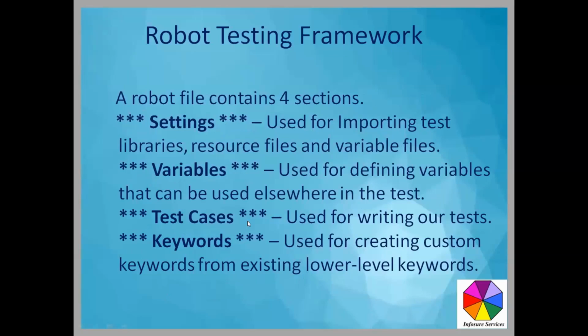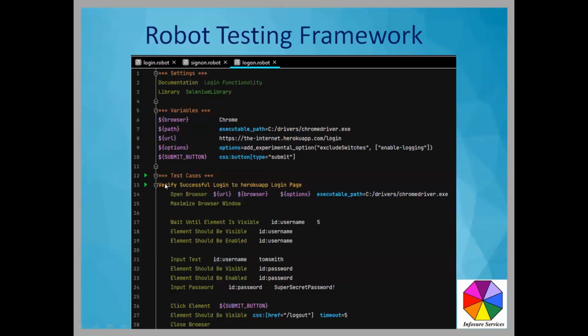Then under test cases, you can write in English. Okay, so very simple test case is like this. Verify successful login to Heroku login page. Again, here we are saying in plain English, open browser, passing all these variables out here, and then it'll open browser. Works like that.